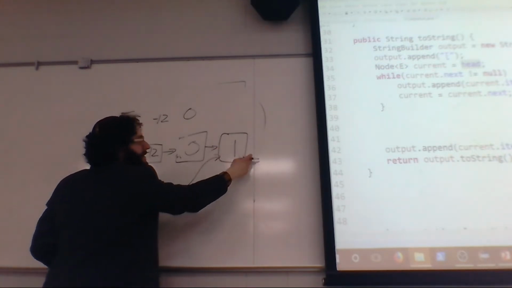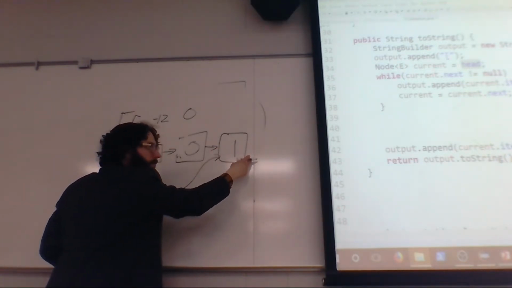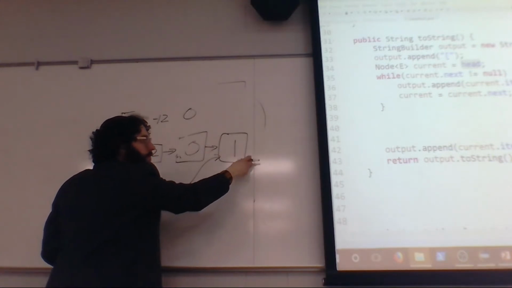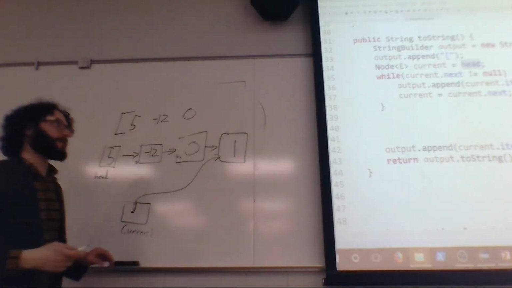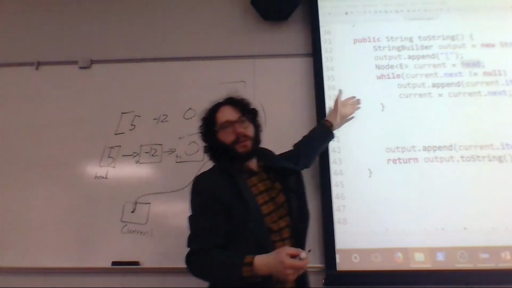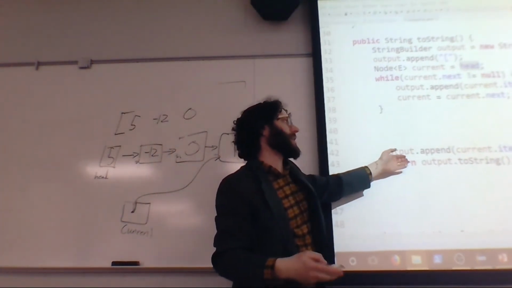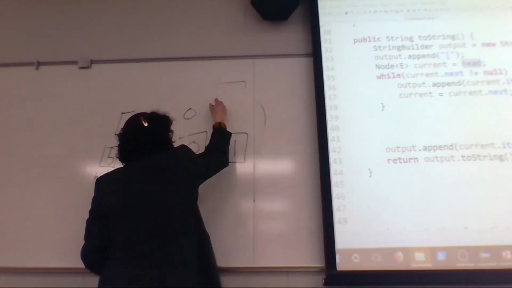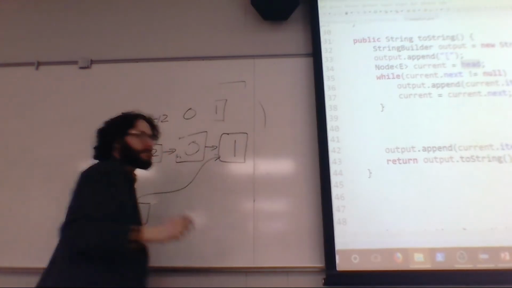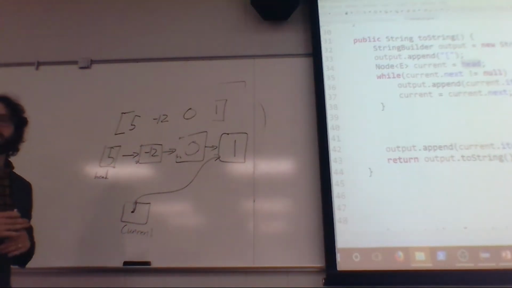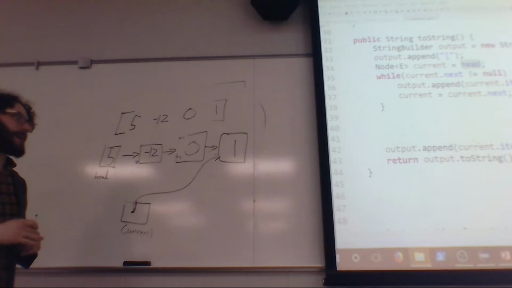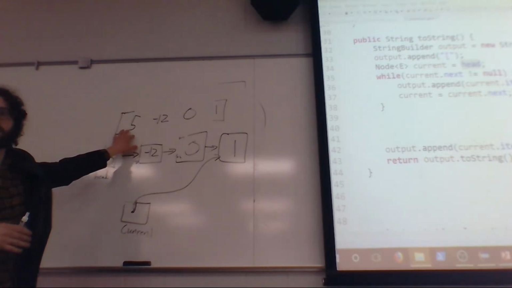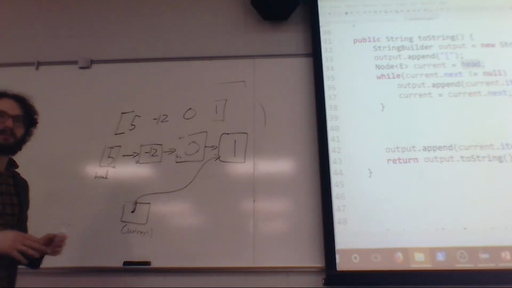Is this thing's next null? Yeah, it's null, correct. So we don't do this bit over here, and instead we just append the 1 followed immediately by the bracket, so we don't have that extra weird space just randomly hanging out. And then we just turn this into a string. We return this as a string to the user.